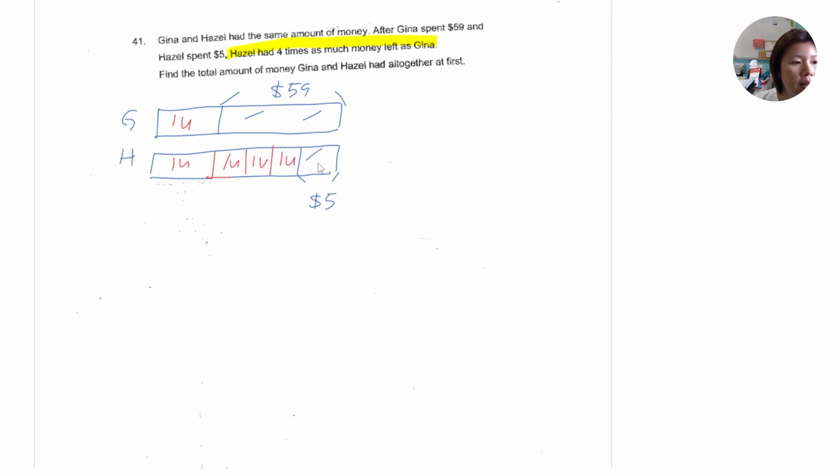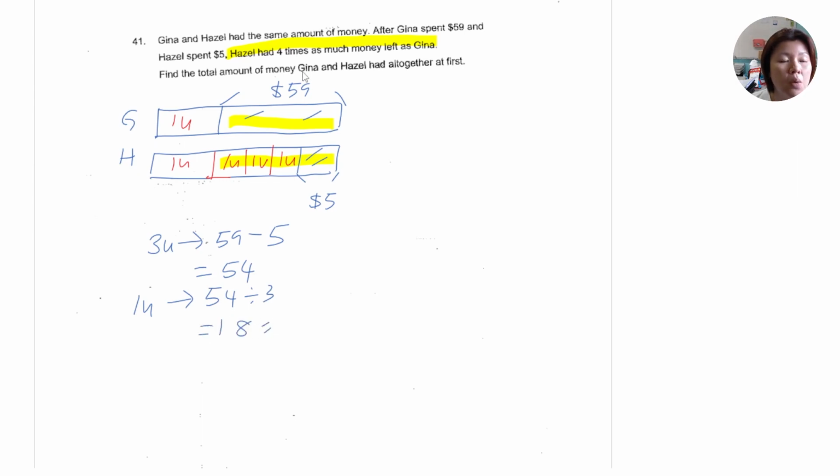This one is Ben. So if you can see, this is actually equal to this. So we can find 3 units is 59 minus 5, which gives you 54. 1 unit will be 54 divided by 3 equals 18. I want to find what Gina and Hazel have at first.